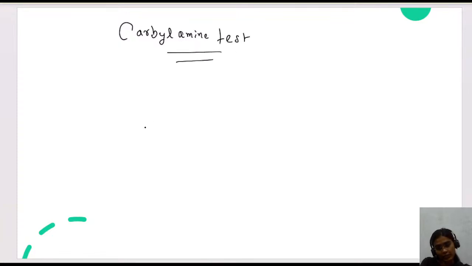In the previous class, we discussed the carbylamine test, if you remember. What was the meaning of this test? If you start with an NH2 group, that is a primary amine.